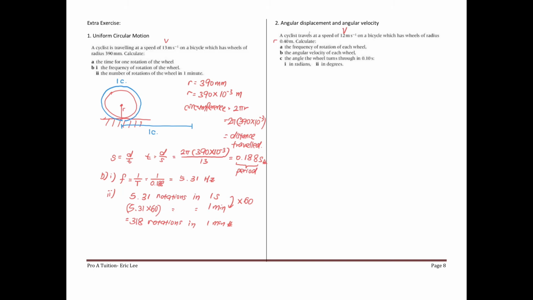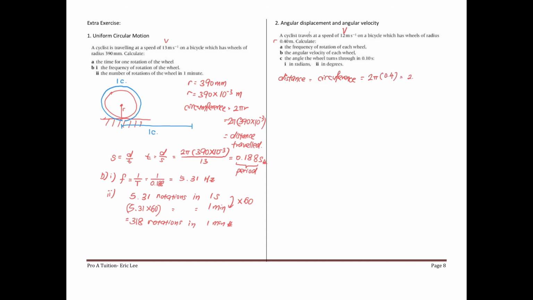The distance traveled by the bicycle is equal to the circumference of the wheel, which is 2 pi r.